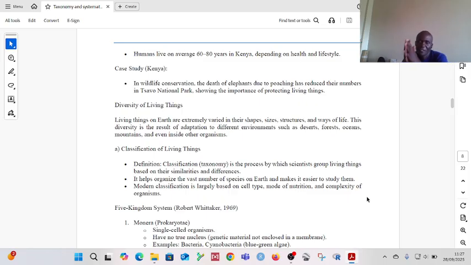Think of classification kama kupanga nyumba. Ukienda kwa room yako, possibly kuna nguo umeweka mahali fulani, kuna your cooking utensils umeweka mahali fulani, kuna viatu umeweka mahali fulani.